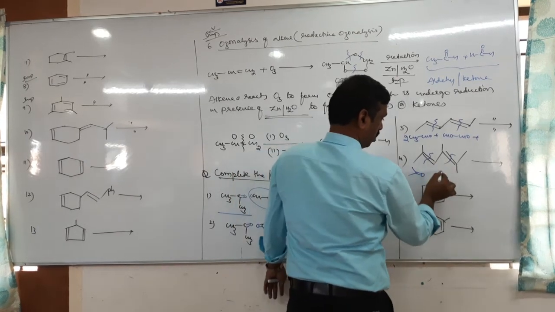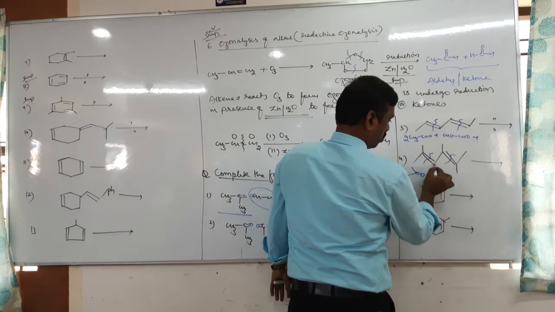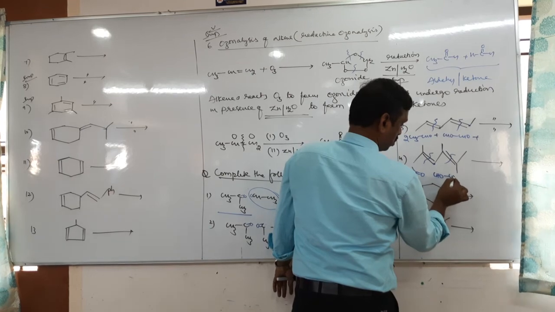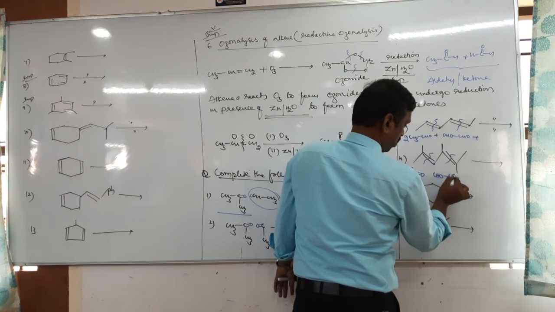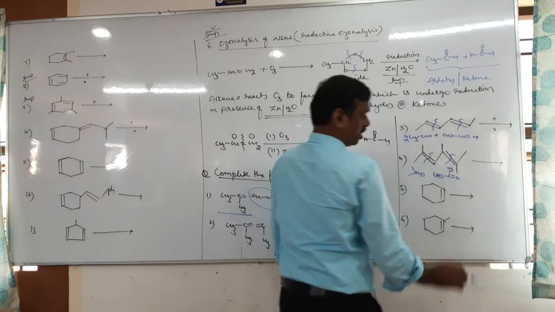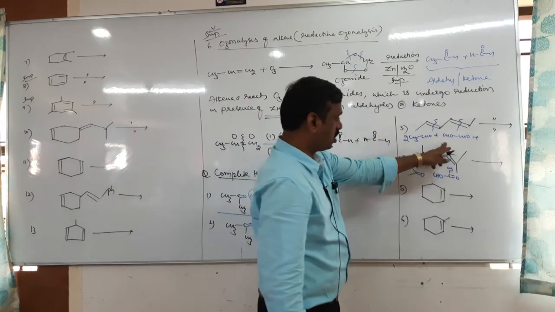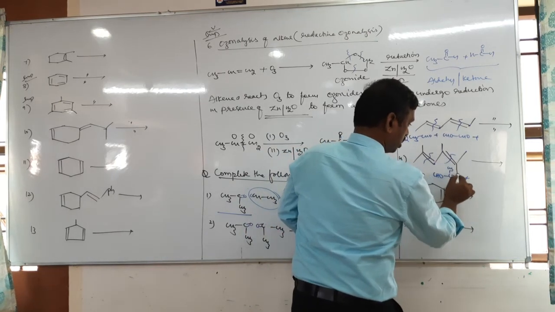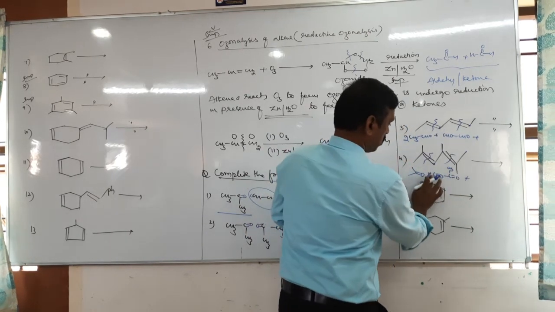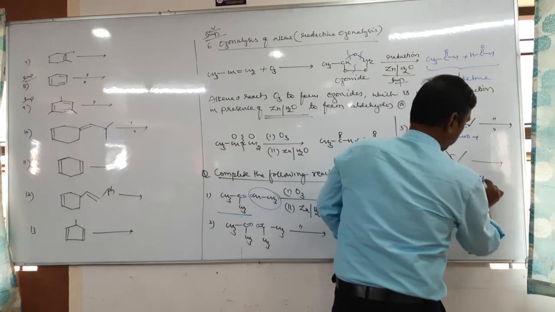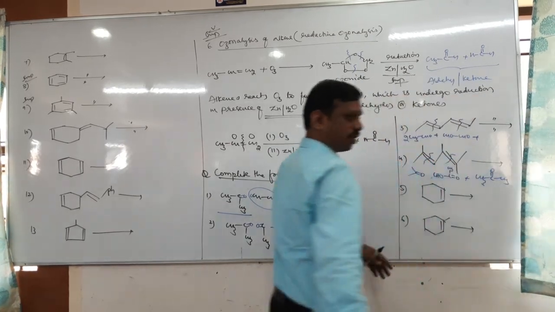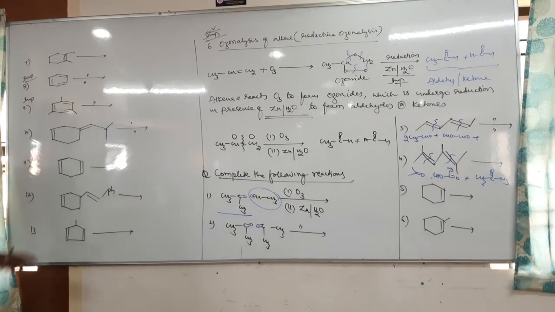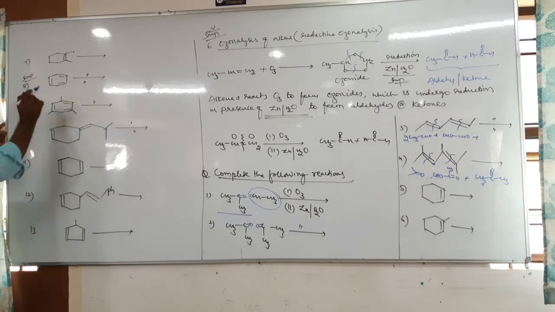Now tell me, here this is CHO. One bond is there. C double bond O, this is CH3. CH3 C double bond O, again it is CH3. That is different. CH3 C double bond O, CH3. Okay, you do the remaining all, but these two are important.